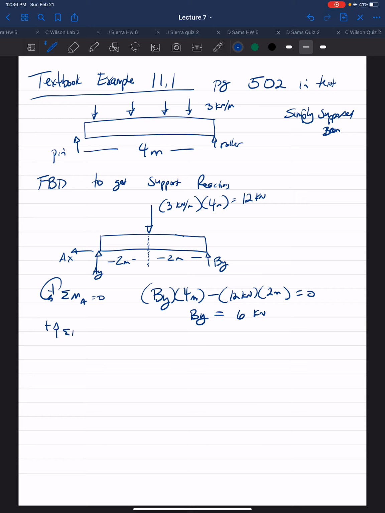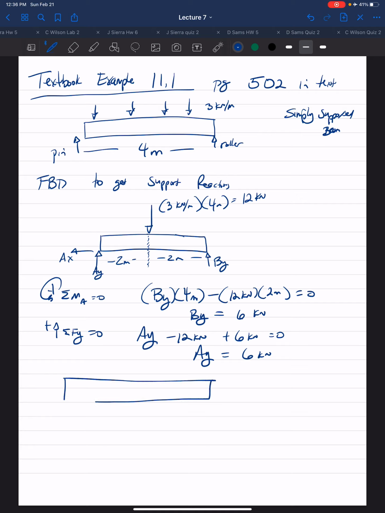Then we do our sum of forces in the y direction equals 0. You have your AY minus your 12 kilonewtons plus your 6 kilonewtons equals 0. AY is 6 kilonewtons. So now we can redraw the initial beam with its vertical forces.